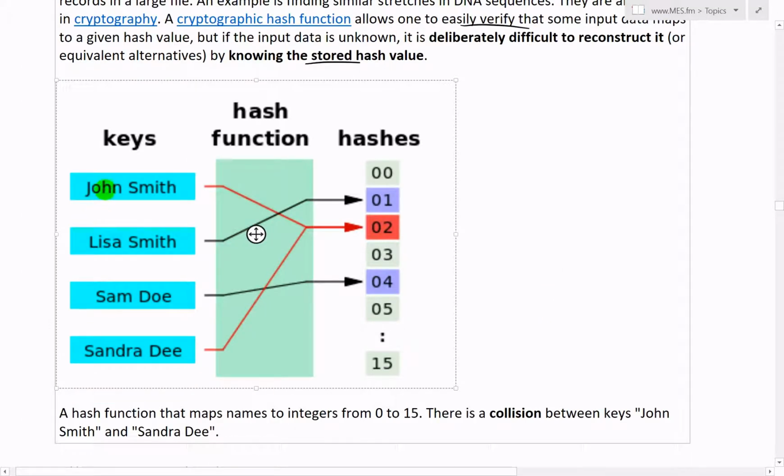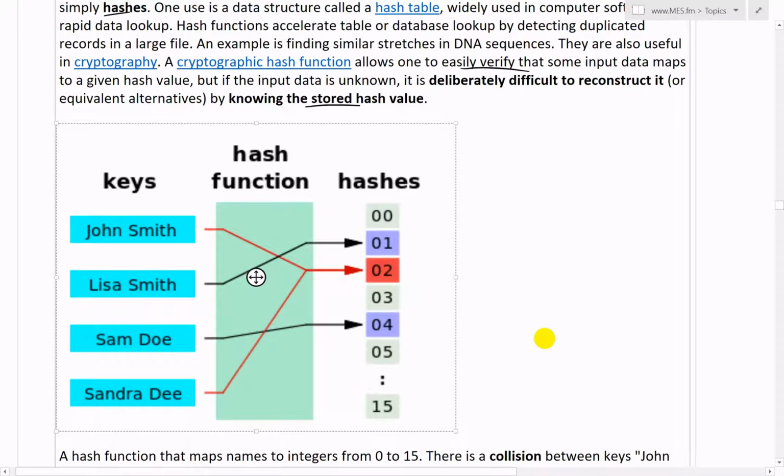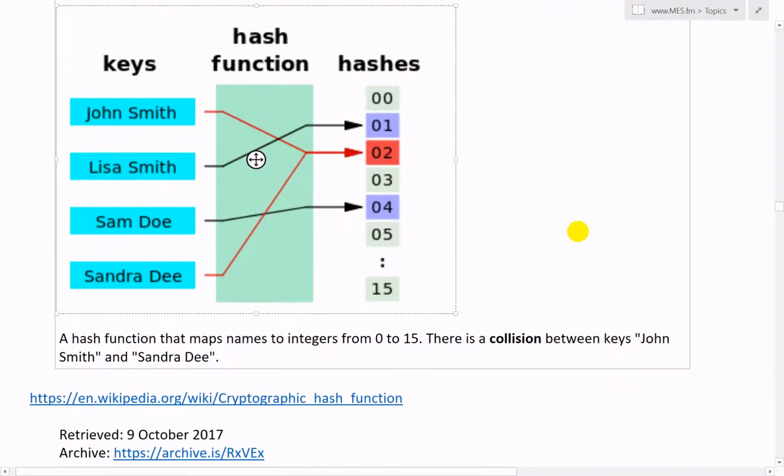For example, you have names like here, John Smith, Lisa Smith, Sam Doe, etc. Throw these inside the hash function, and then you have these hashes where you have fixed size data. This one's 00, 01, 02, and there's a function there that can get back to these larger size data files.